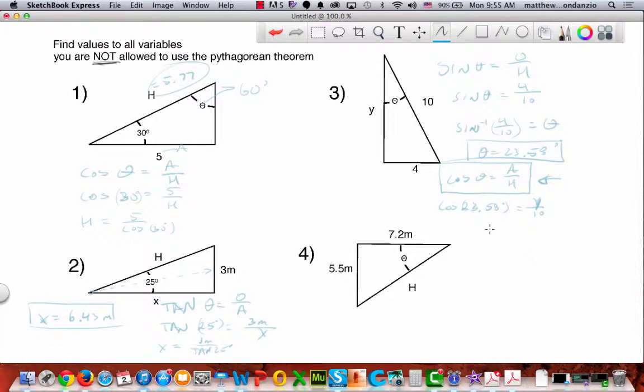Now, how do we find y? Well, y equals what? Right, 10 times cosine of 23.58 degrees. So y equals what, guys? How much? 9.7, 1 or 2, okay.